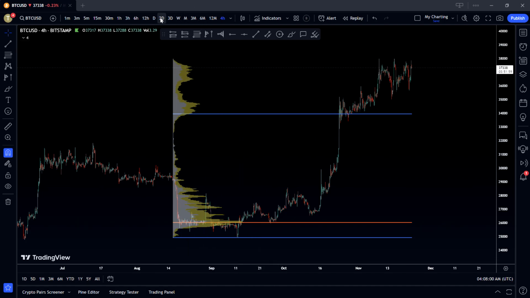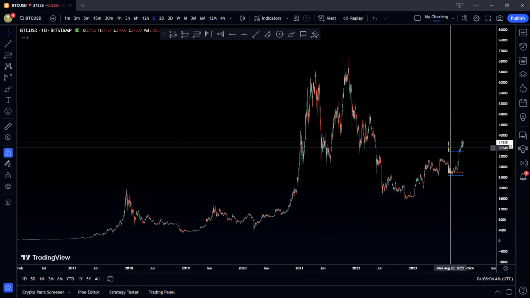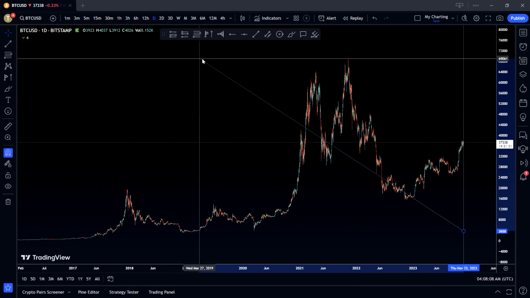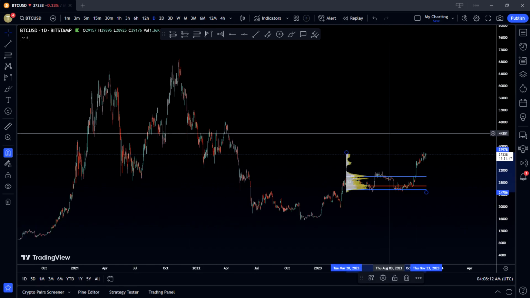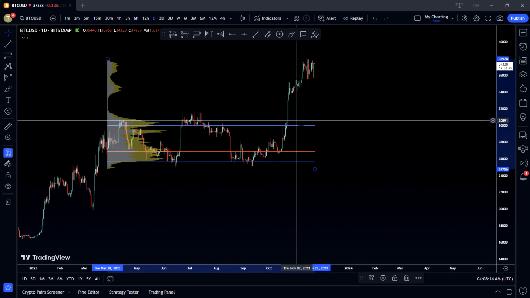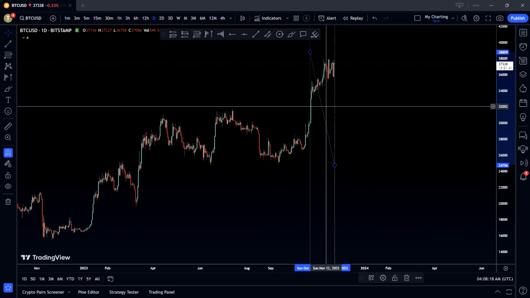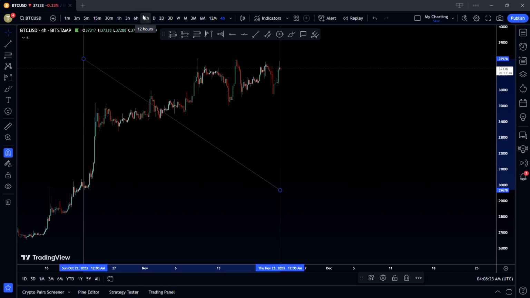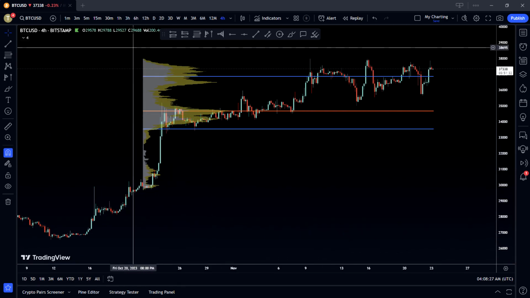The longer we go back, the more macro and the more respected it is. I need to upgrade my TradingView. But locally, when we're doing our Bitcoin trades, we need to be honed in the right way, and the way you have yours is not correct.